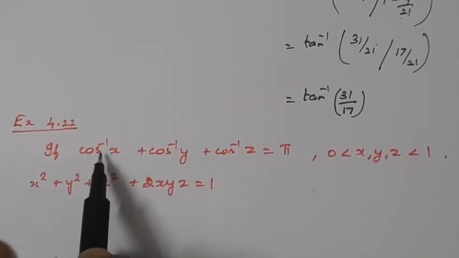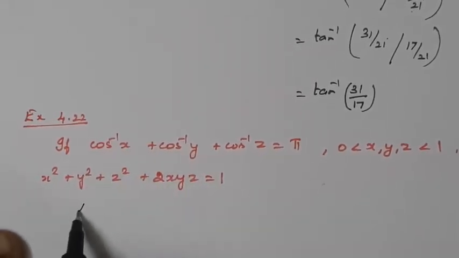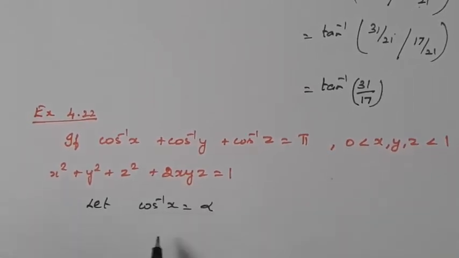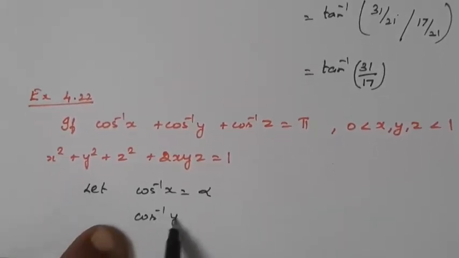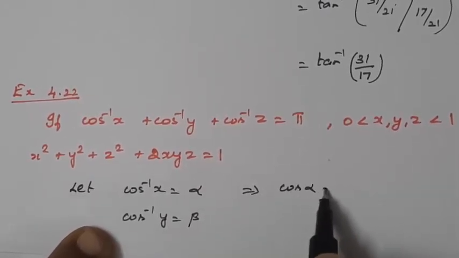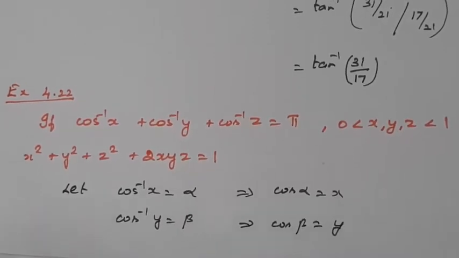Let us take the first and second ones as some alpha and beta. So, let us take cos inverse of x to be some alpha and cos inverse of y to be some beta, which implies cos alpha is equal to x and cos beta is equal to y.